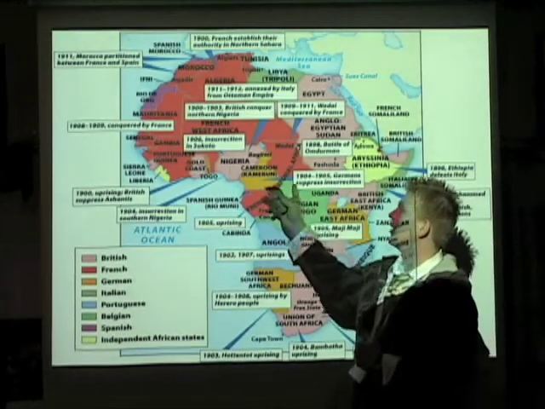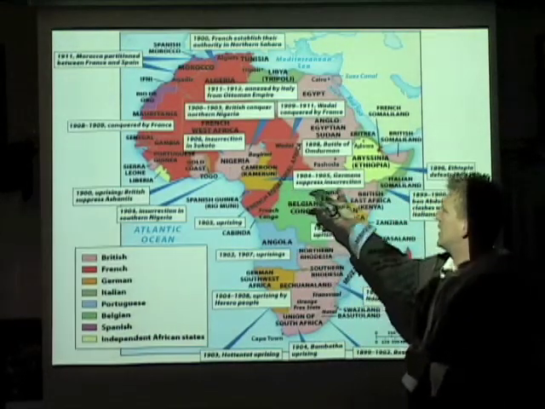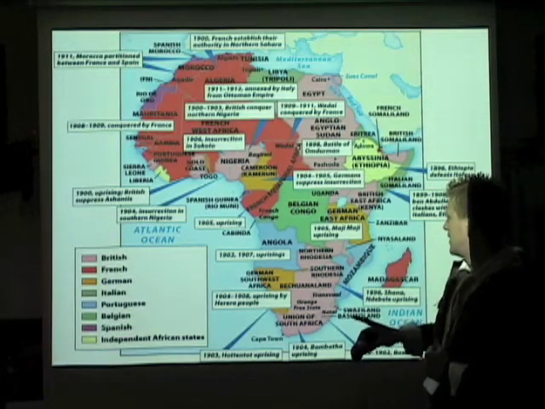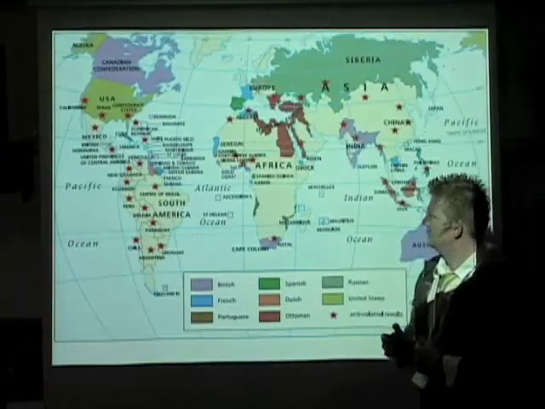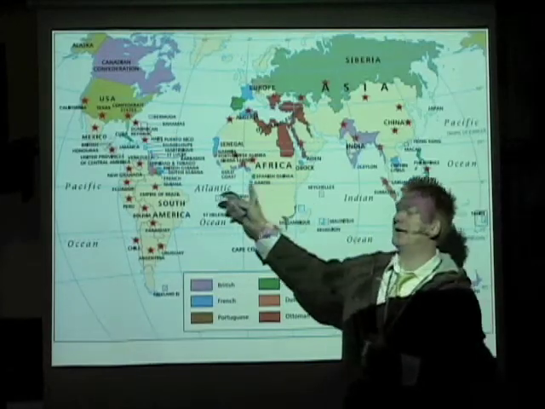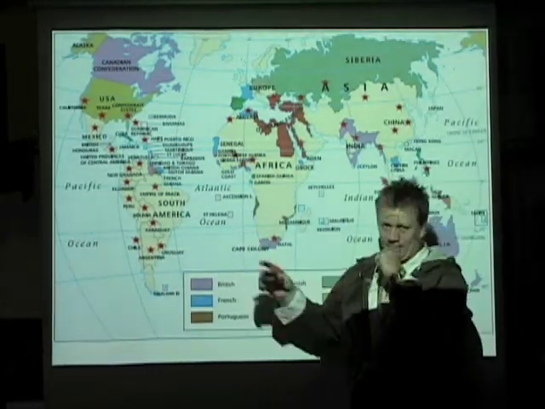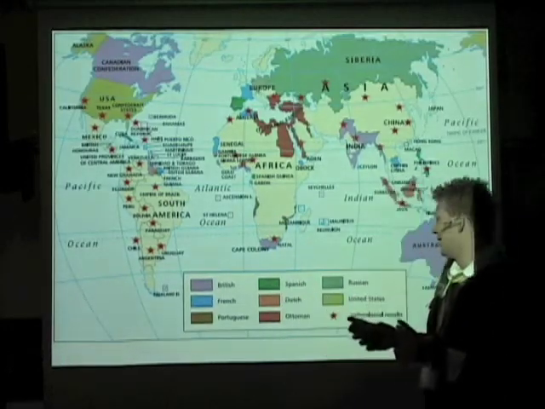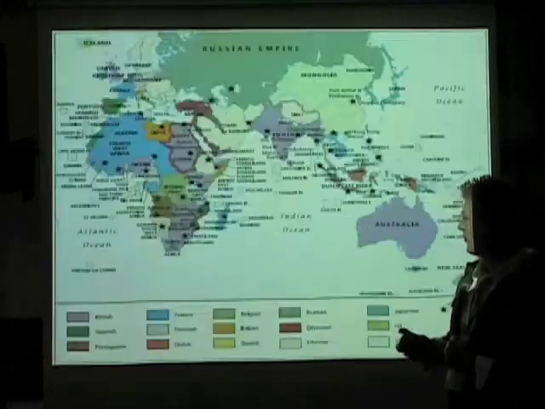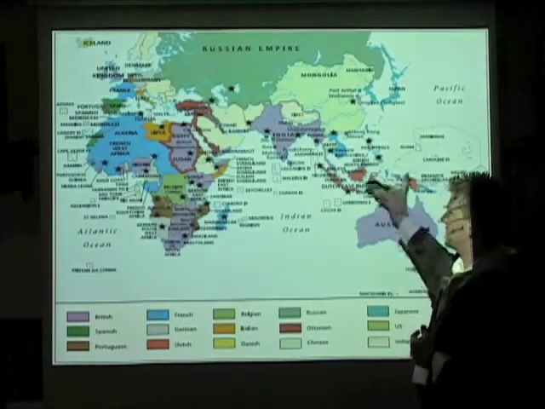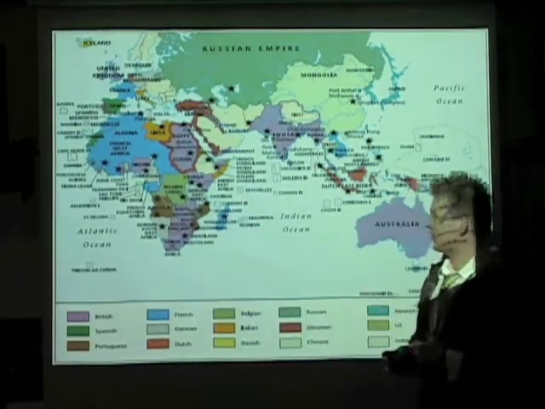Here's some of the rebellions, the areas being annexed, your uprisings with their dates. Here's the beginning of imperialism. Obviously the little red areas are where people were rebelling and fighting anti-colonial revolts. Here's the end. You'll still see people revolting, but obviously you can see the domination that Europe has over this region.